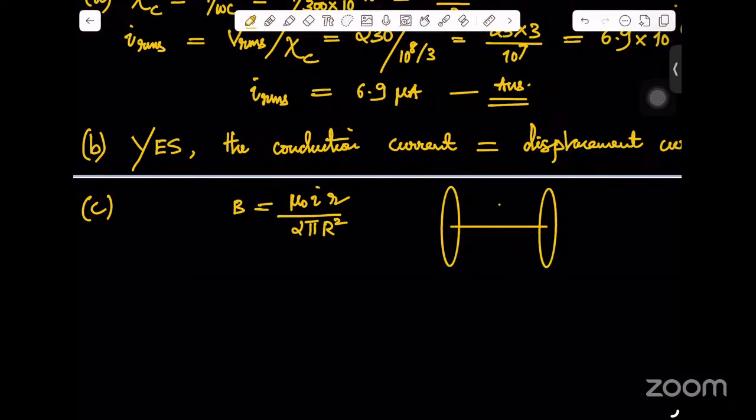At some r distance from it, the magnetic field is given as mu naught I r upon 2 pi R square, where I is the displacement current. So you need to know this formula.